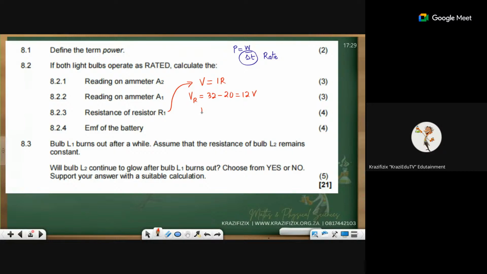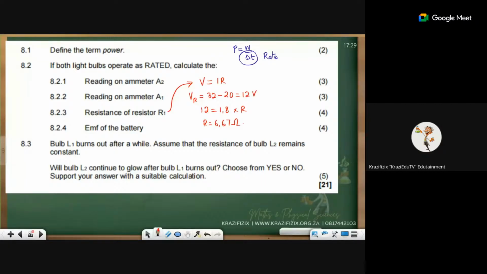What is my V? 12. What's my current times R? What is R? Remember, I just showed you where the 12 volts is coming from: 32 minus 20.